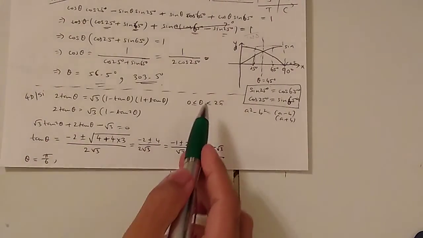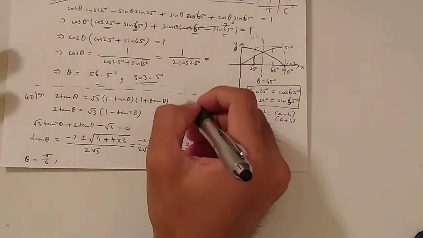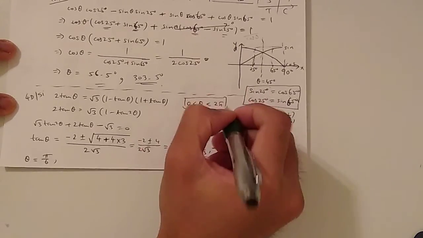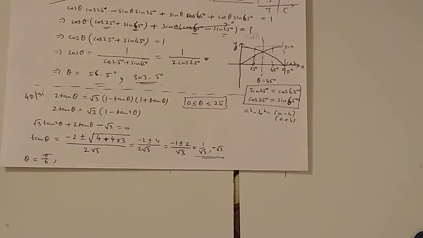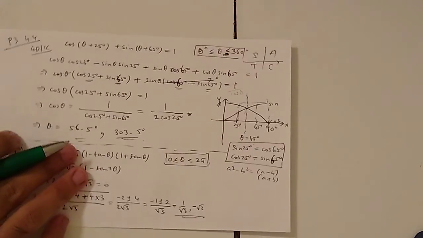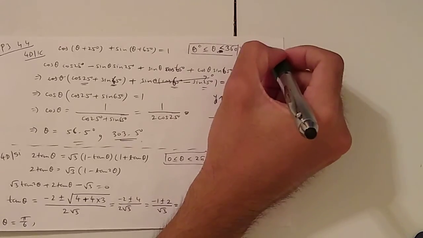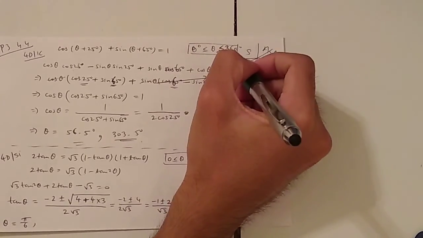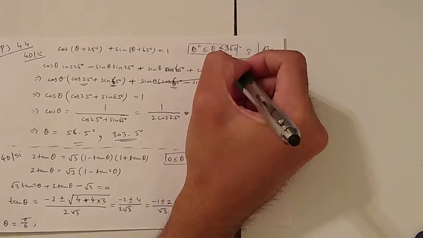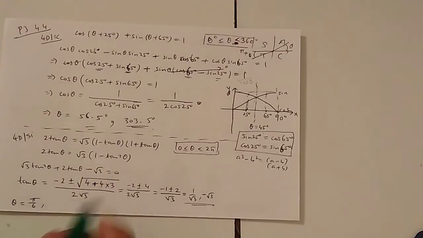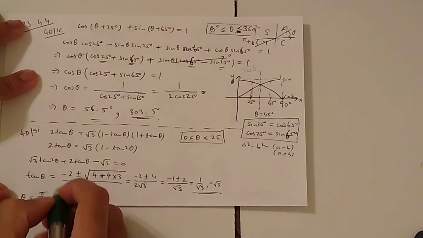Okay, we do need to find a second solution, because our range is a complete period, 0 to 2 pi radians. And the second solution is going to be in the third quadrant, and that can be easily found by using pi plus theta. Because if you have theta, this second solution is going to be pi plus theta. Okay, so pi plus pi by 6 is going to be 7 pi by 6.